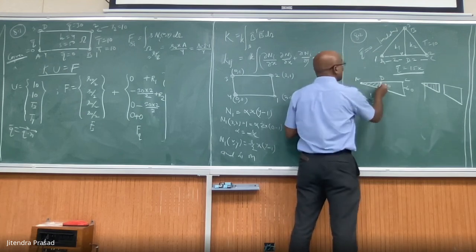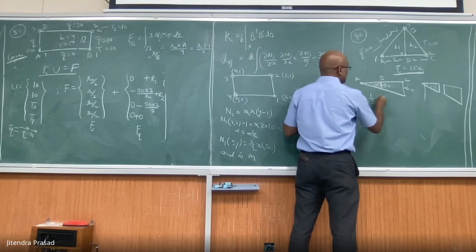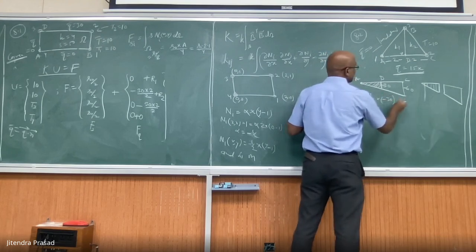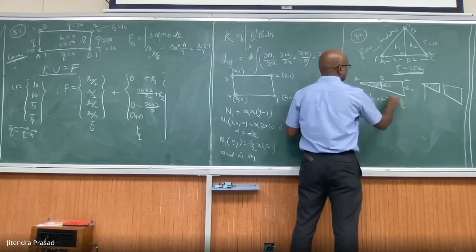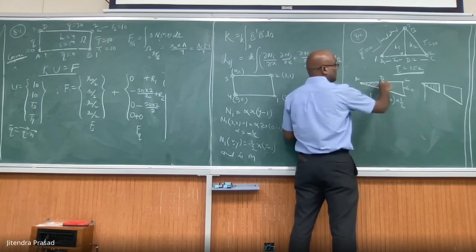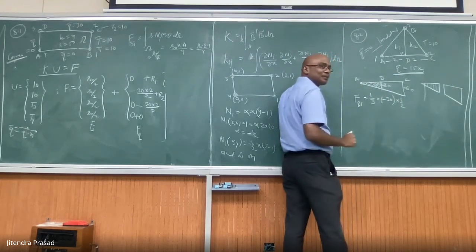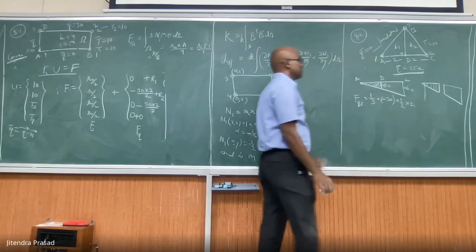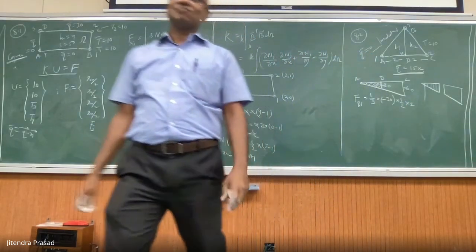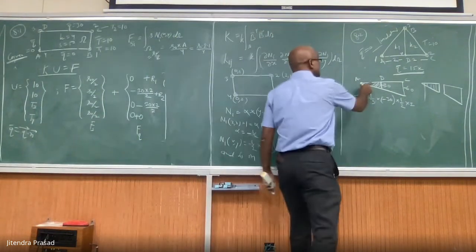So 1/3 of this area, which is equal to minus 30 into half, right? Minus 30, which is this one, and then half, and then the length of this. And what is the length of this? It is 2. So FQ1 is that. This is the distributed load.